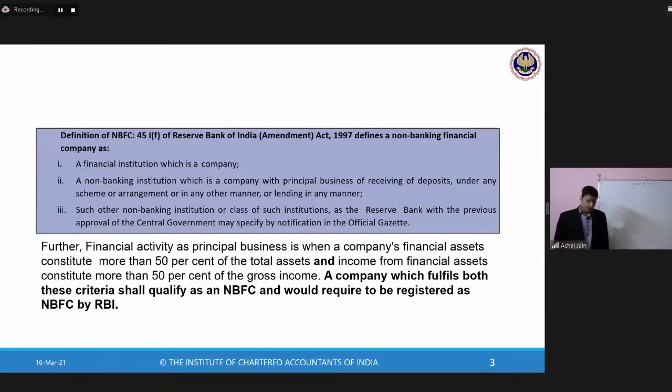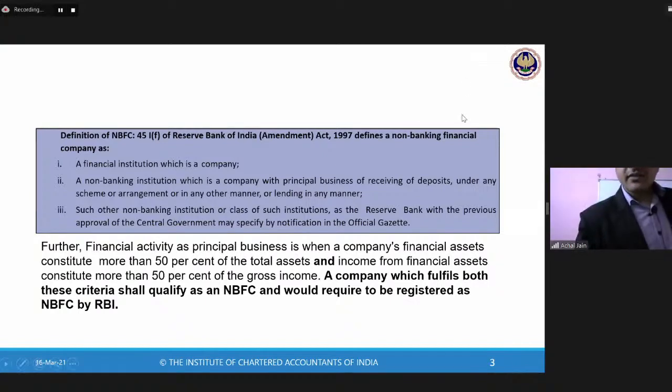We can say there's a test which NBFCs are required to fulfill. In respect of the business of an entity, if we perform this test and this criteria is met, then such an entity will be considered to be an NBFC.